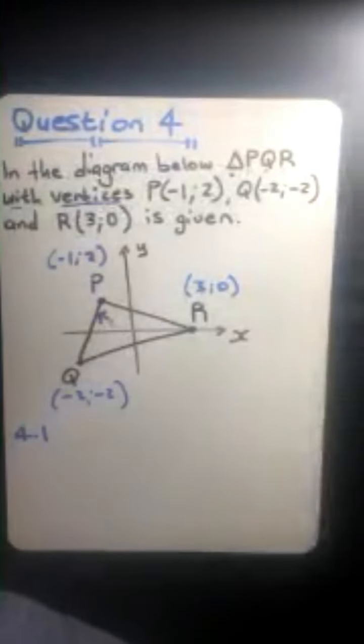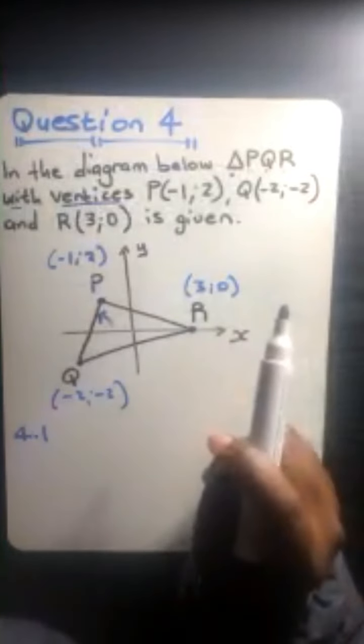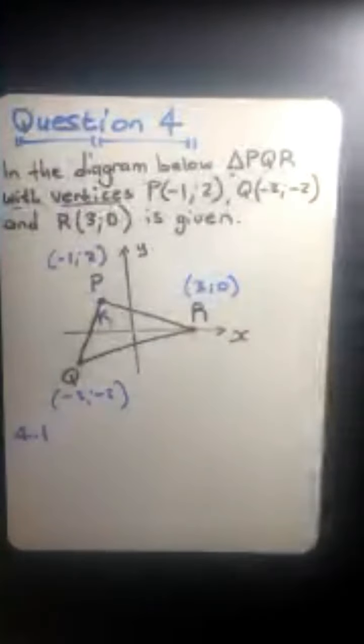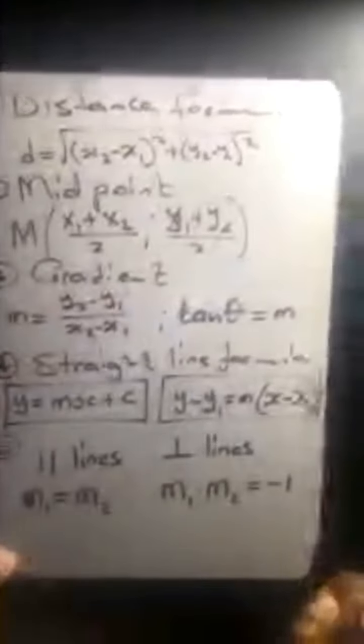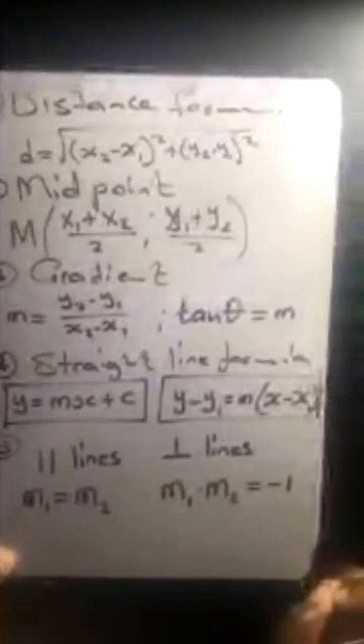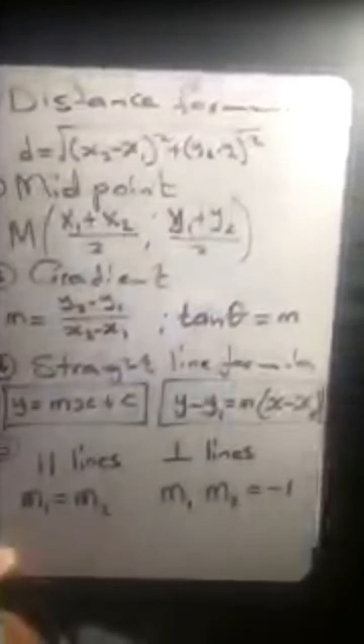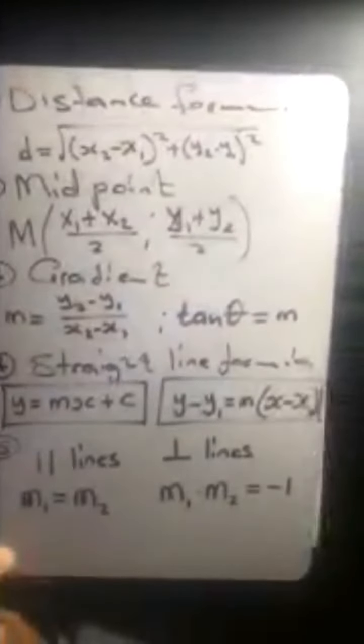So let's see. The question says calculate the angle that PQ makes with the positive x-axis. In analytical geometry, the moment they start talking about the gradients or the angle, this is the right formula to use. That means I'll need two things.